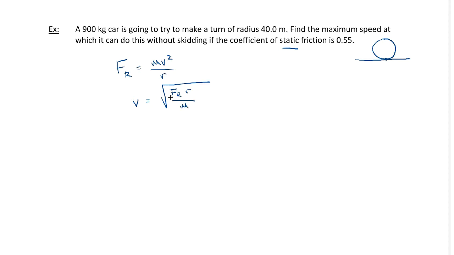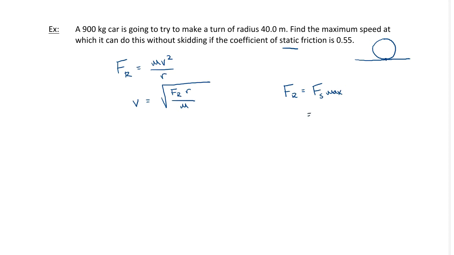Well, we need to know what's the maximal centripetal force we could provide in order to solve for the maximal linear speed that the car could achieve and still negotiate the turn. Well, what's providing that centripetal force? The force of static friction. So the centripetal force is equal to Fs max. At least the maximal centripetal force is equal to Fs max.